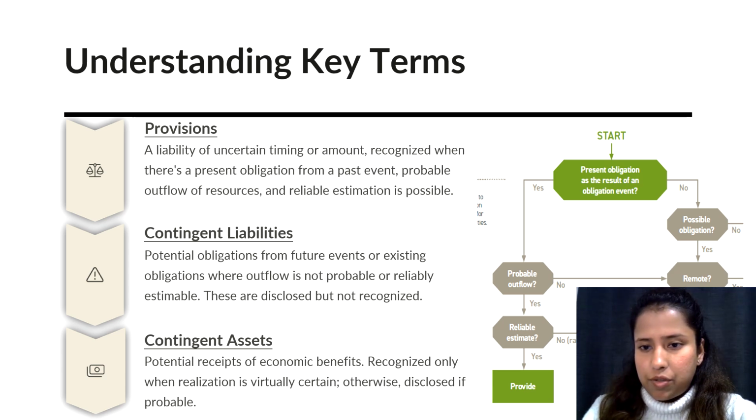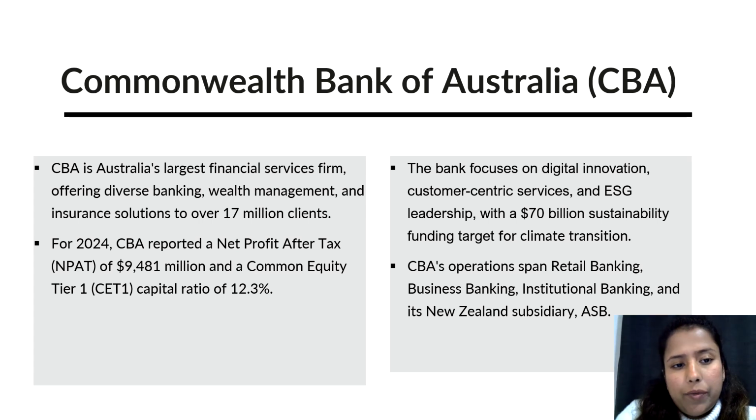So here's an overview of the Commonwealth Bank of Australia. It is one of the largest financial services firms, offering diverse banking, wealth management, and insurance solutions to over 17 million clients. It had a net profit after tax of 9,481 million and records a capital ratio of 12.3%.